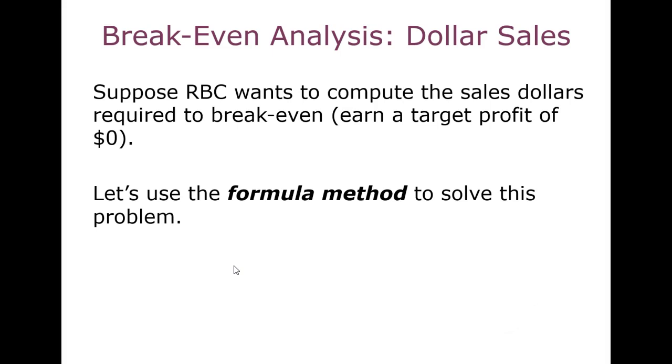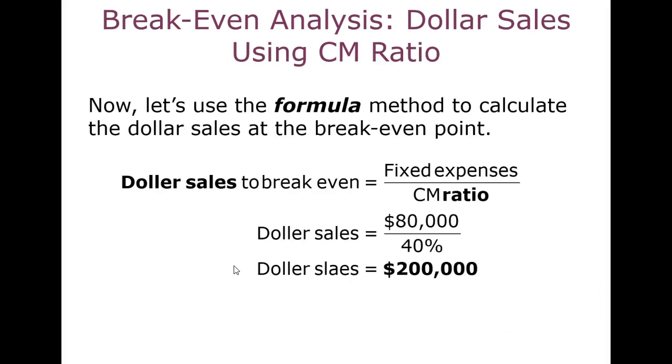Now let's compute the dollar sales required to break even. In the previous slide, we calculated the break-even point in units, 400 units. Let's calculate the dollar amount using the formula method. We take the fixed expenses in the numerator again, but in this case, in the denominator, we have the contribution margin ratio, not the contribution margin per unit. Sorry for the misspelling down here.